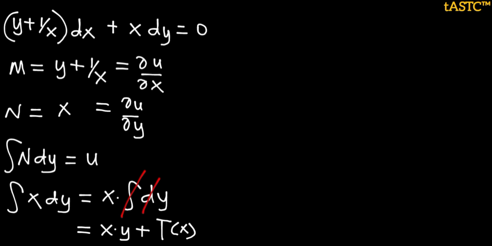Now we need to take this, because we're going to call it u, and differentiate it with respect to x. So u is equal to xy plus t of x. Now du dx, I'm going to write that as partial u, partial x.